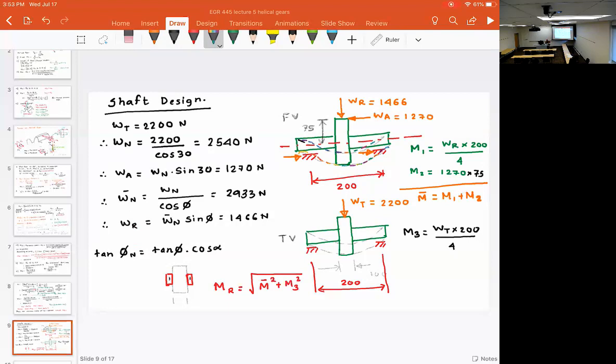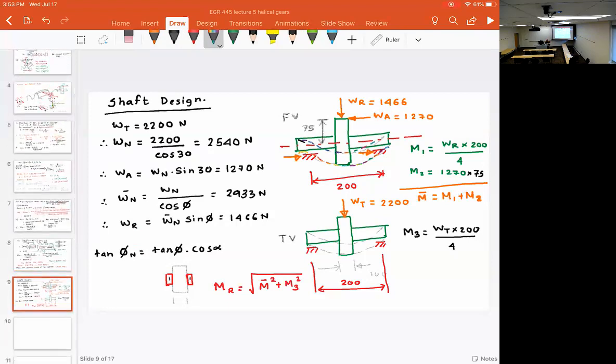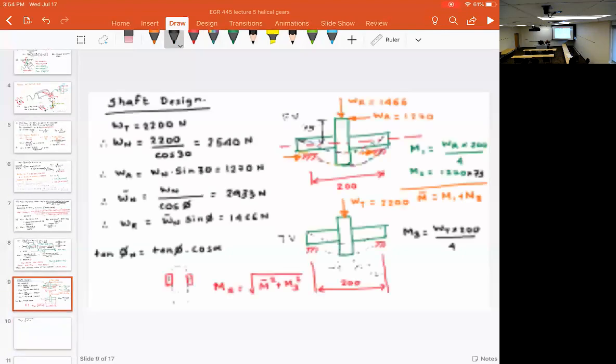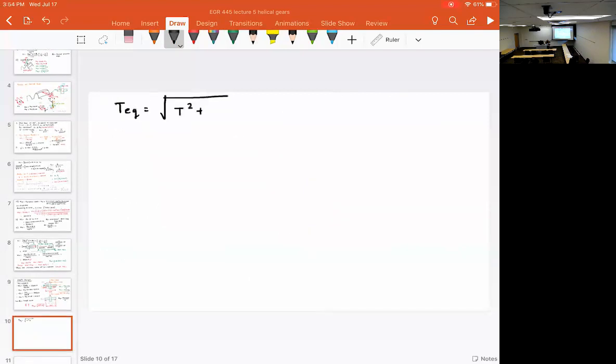So you get MR. Next step is we know the value of torque, so we find out the TEQ. TEQ is square root of T square plus MR square.